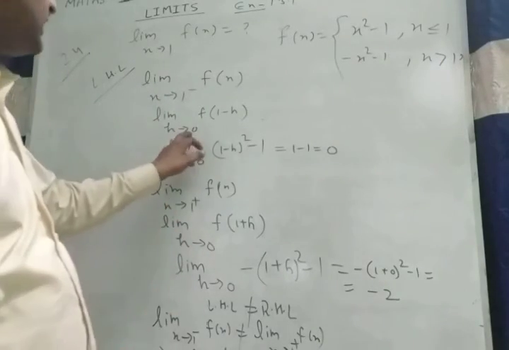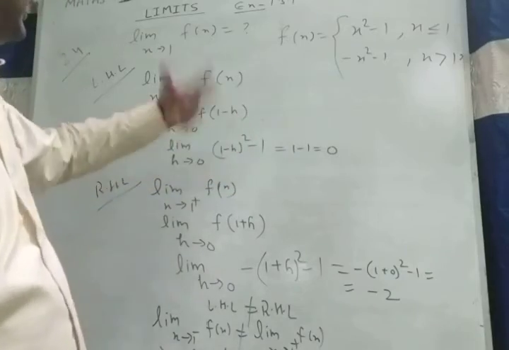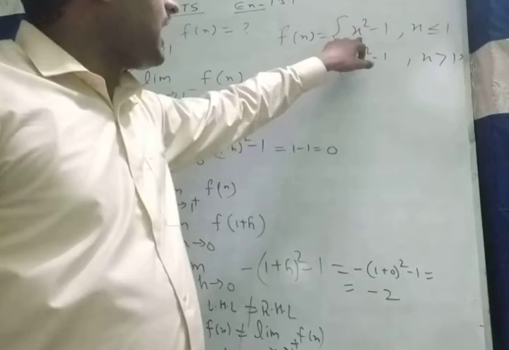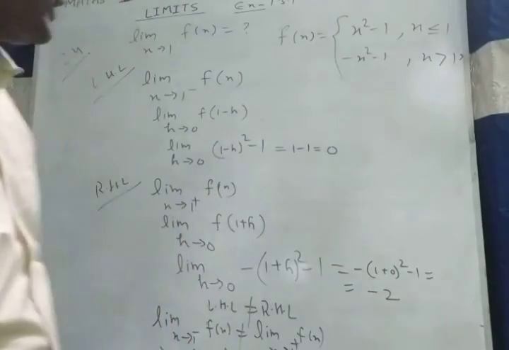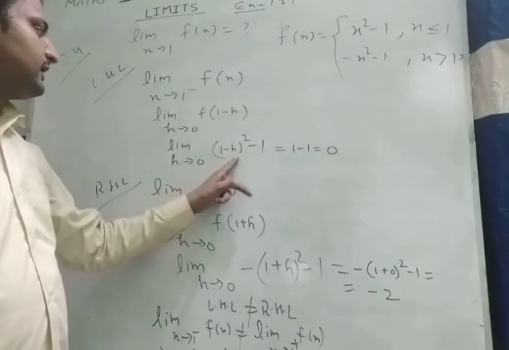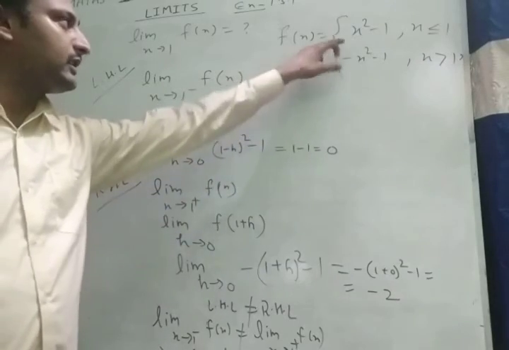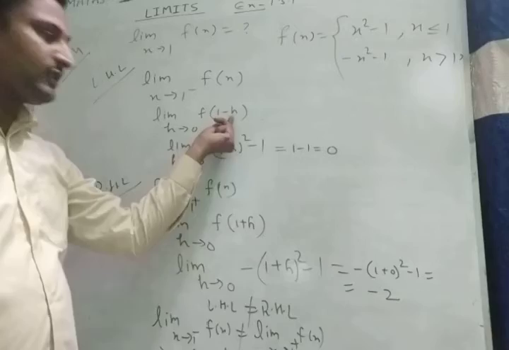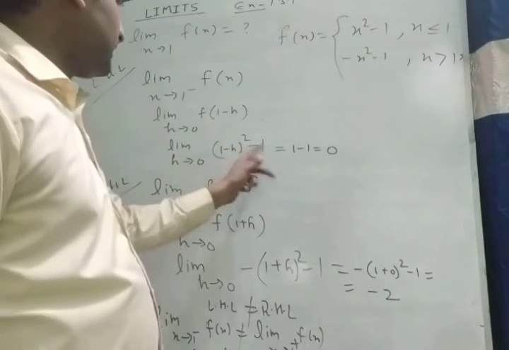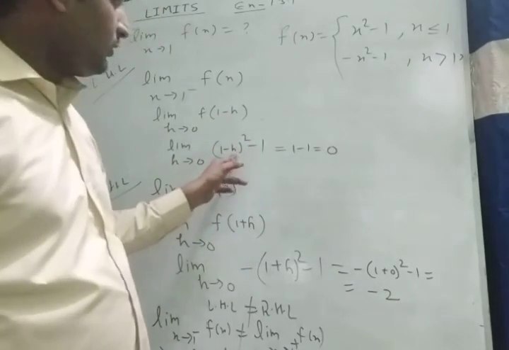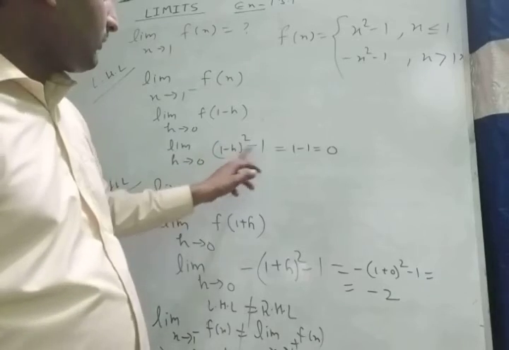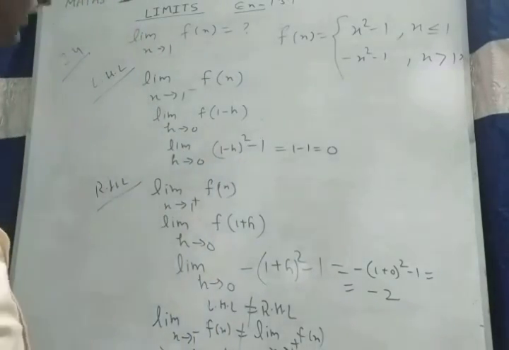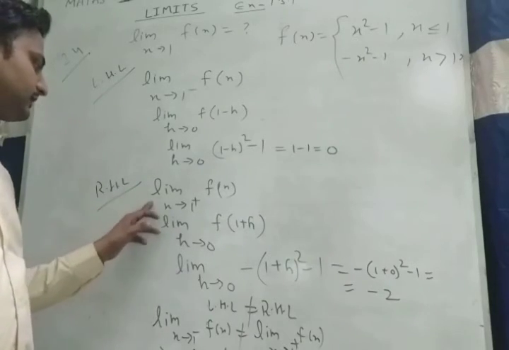Now we write h tend to 0, 1 minus h, and for left hand limit x is less than 1, the function is x square minus 1. So we write (1 minus h) square minus 1, because in place of x is 1 minus h. If we put h as 0, here is 1 square, 1 minus 1, that is 0, which is our left hand limit.